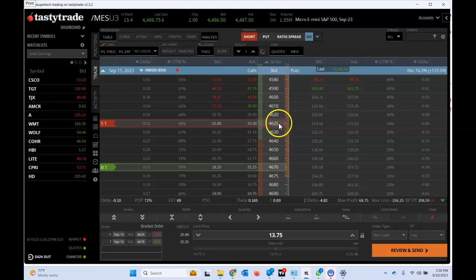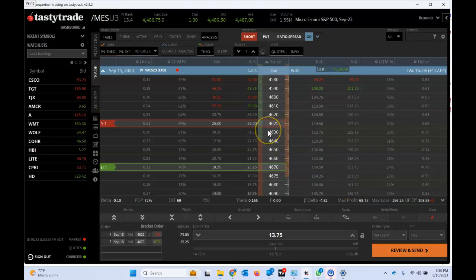So I'm selling the 4625 call and buying the 4670 call. It's going to require a capital of 208.59 and my maximum profit is 68.75. The objective is to get 50% of maximum profit.